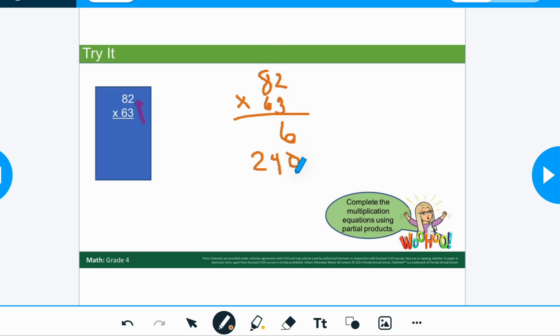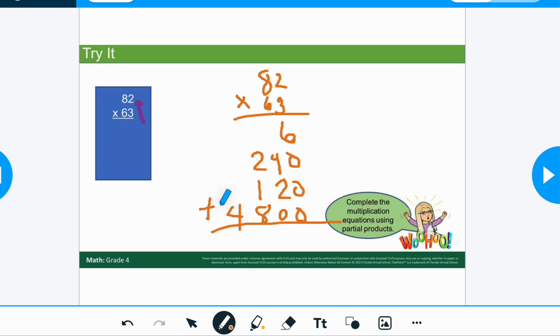Now I'm going to go ahead and move over. Okay, so this is saying 60 times 2. Okay, 2 groups of 60 is 120. 60 times 80 is 4,800 because it's 48 plus 2 0 place value holders.